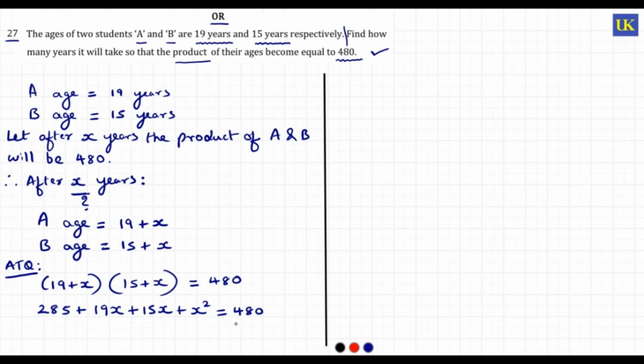Now I'll send this 480 to the other side. I'll solve it here. So this will become 285, and I can add these two things, right? 19x and 15x. So this will become 34x. So plus 34x.